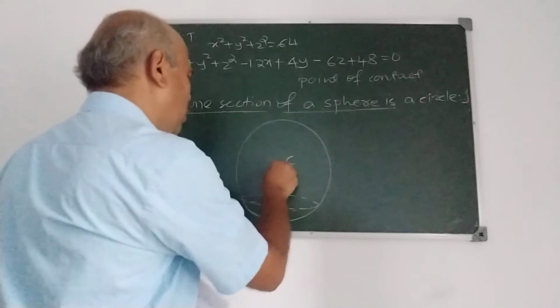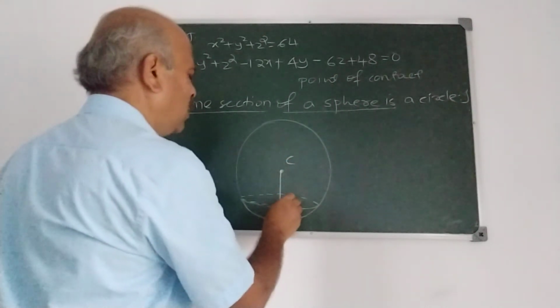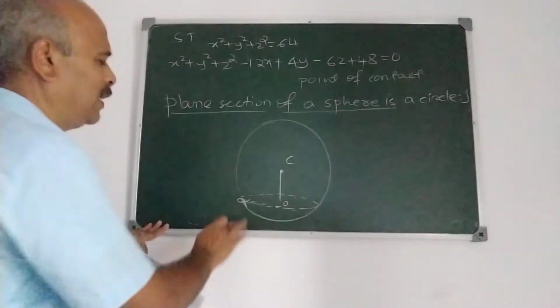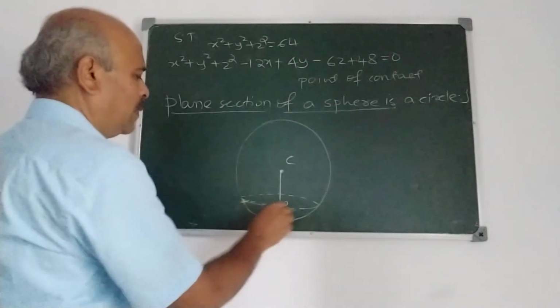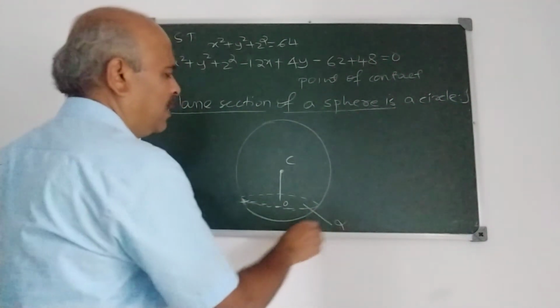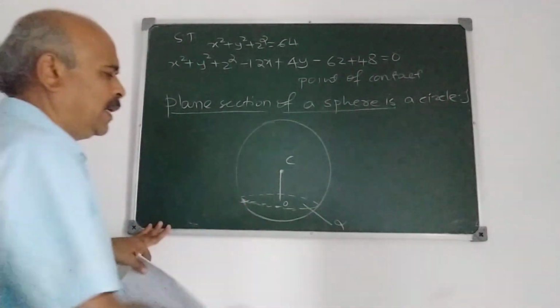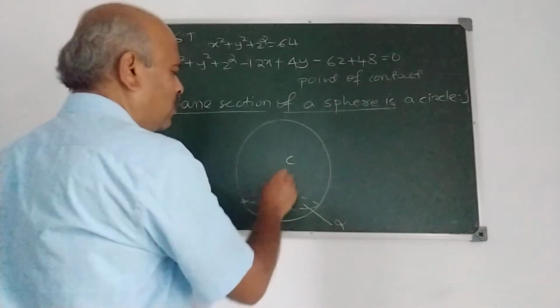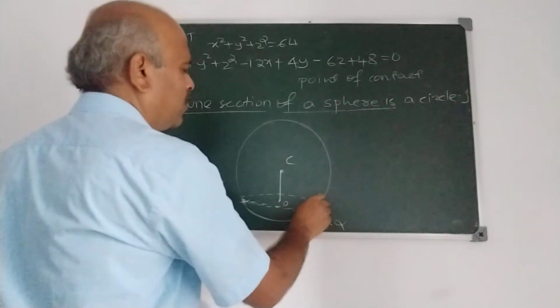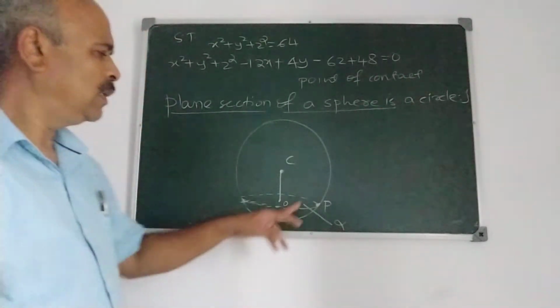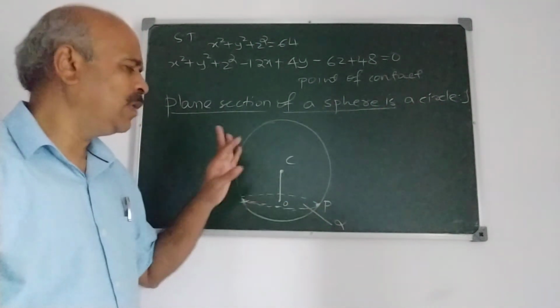For that, draw the perpendicular CO to the plane. I take alpha as this plane. It intersects the sphere. And draw CO perpendicular to the plane. And suppose P is a point common to the sphere and the plane.